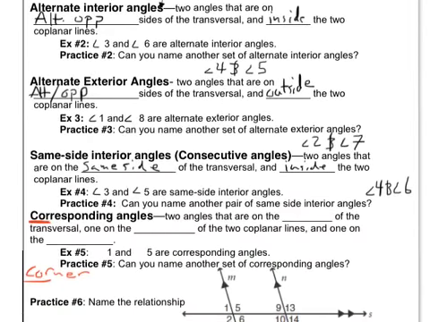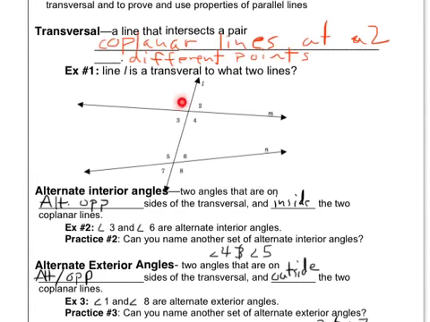The example they gave us real quick is angles 1 and 5 are corresponding. So look, here's angle 1, here's angle 5. What I tell people is, let's just say we're going to block out those angles, so we just have one left. Well, 1 is in the top left corner, so block out all the other angles, and look, 5 is in the same corner. And so we got that angle 1 and angle 5 are corresponding.